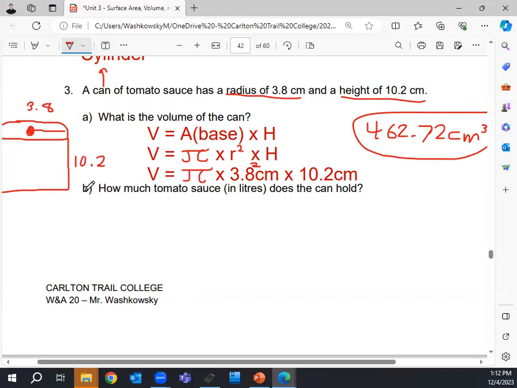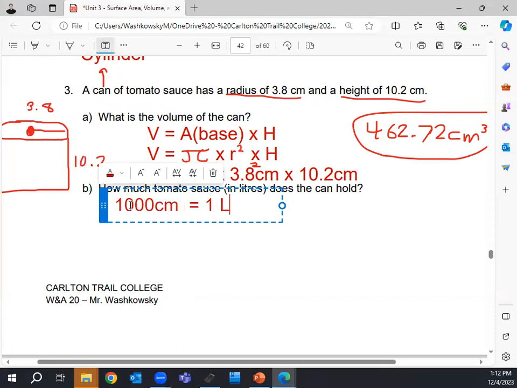Now, the final part of this, we'll cut you loose after this, is question B. How much tomato sauce in liters does the can hold? Well, liters is a unit of capacity. So, what's the one fact I know? I know that 1,000 cubic centimeters is equal to 1 liter.